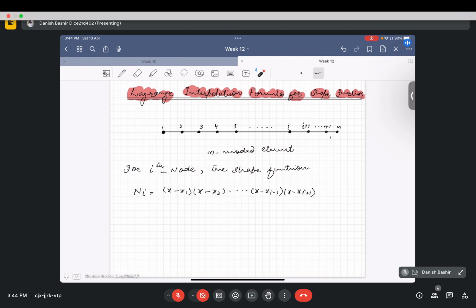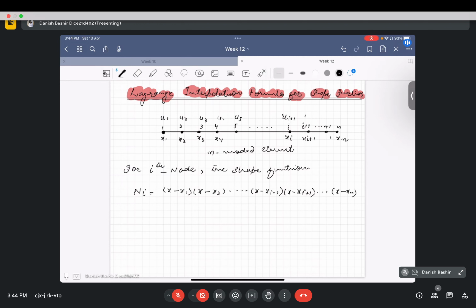Up to we will reach the last coordinate, that is x minus xn. So actually I forgot to write here. It will be here x1, x2, x3, x4, so on. It will be xi plus 1. This will be xn here. And corresponding nodal values will be u1, u2, u3, u4, u5, ui, ui plus 1. Okay.